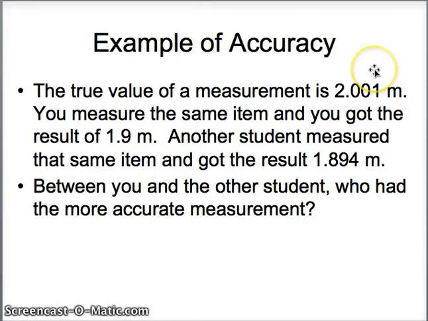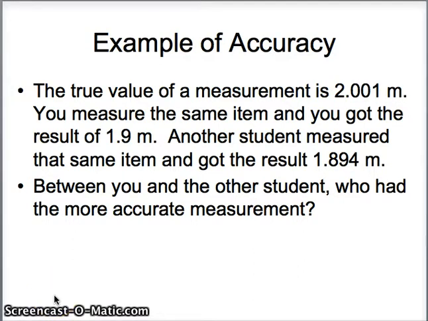So here's an example of accuracy. If the true value of a particular measurement is 2.001 meters, and you measure the same item as 1.9 meters, and another student measured the same item and got the result of 1.894 meters. Between you and the other student, who had the more accurate measurement? It might be a good time for you to pause, think about it, and see what you can come up with.